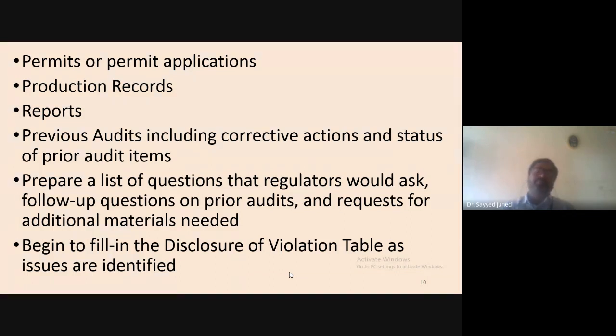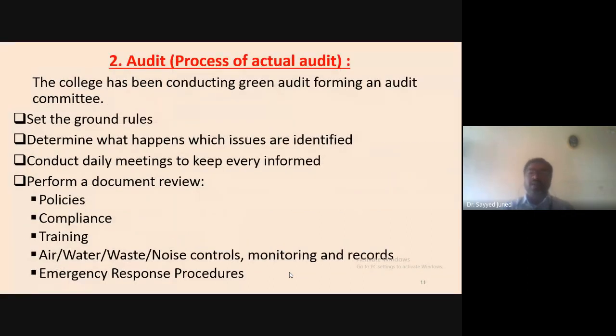Next slide. Second is audit. In this audit, we are in the process of the actual audit. The college has been conducting green audit through an audit committee. My dear friends, we have to create a green audit committee. If you are in higher education, we have to create 2 additional committees besides the NAAC committee: a green audit committee and an energy audit committee, or combine both into one committee.